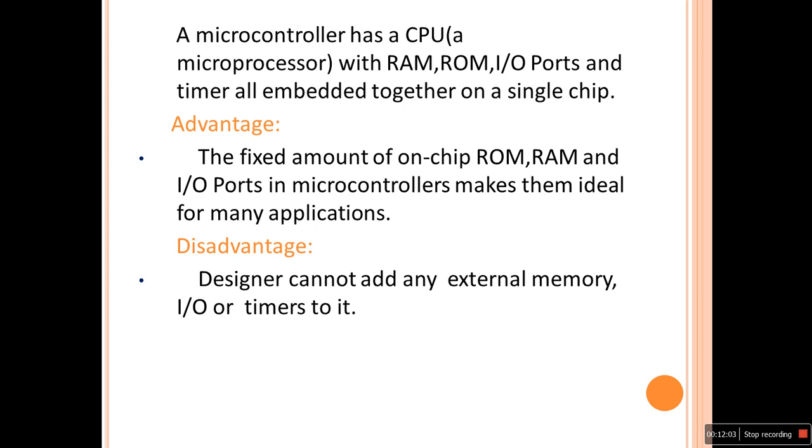So we can say that a microcontroller has a CPU, RAM, ROM, I/O ports, and timers, all embedded in one single chip. Its advantage is that a fixed amount of on-chip RAM, ROM, and I/O ports makes it ideal for many applications. The disadvantage is that you cannot add external memory or I/O timers to it.